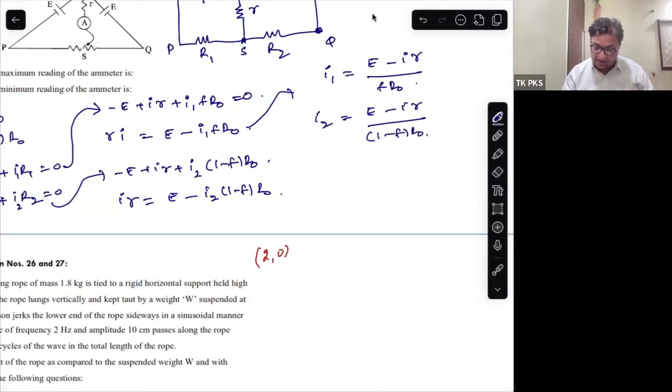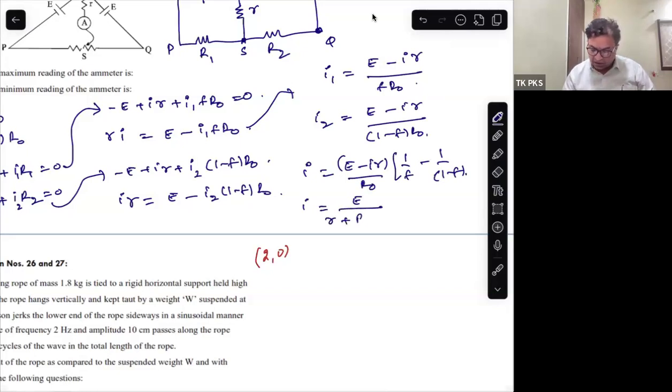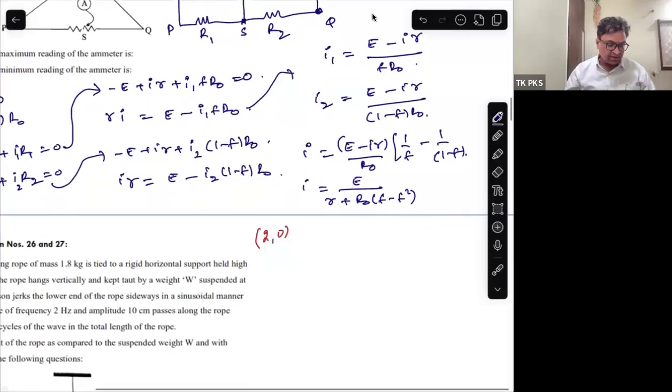The sum is again I. So I is E minus IR times, in fact R0 is also common, 1 by F minus 1 minus F. You need to solve this. By solving, you will get the I value as E by R plus R0 times (F minus F square).